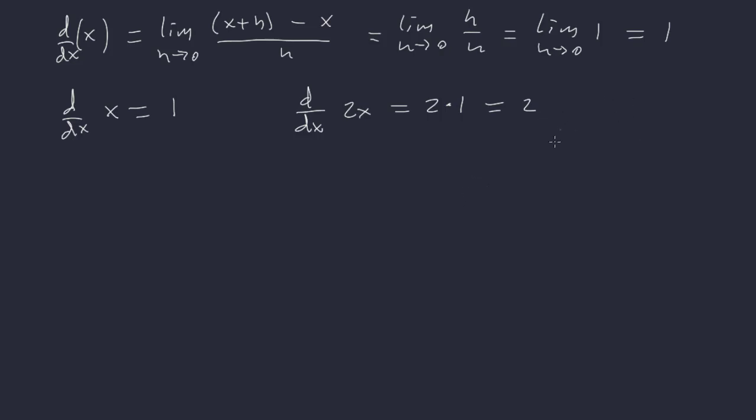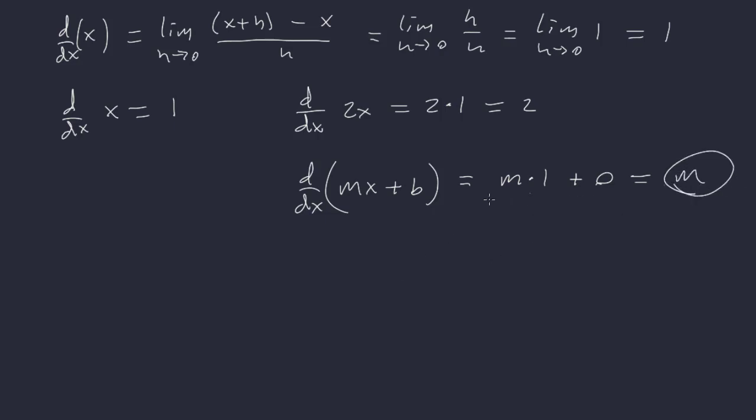And more importantly, the derivative with respect to x of mx plus b, hopefully this is familiar as the equation of a line, is going to be m times 1 plus 0, since the derivative of a constant is 0, and a constant multiplying a function just comes along for the ride. Okay, so we end up getting m. So the derivative of a line is always equal to the line's slope.